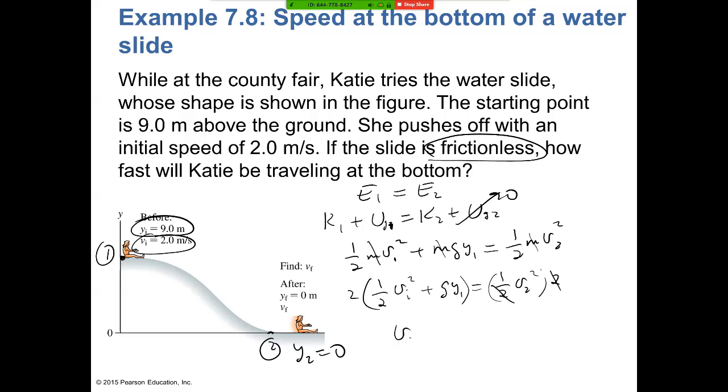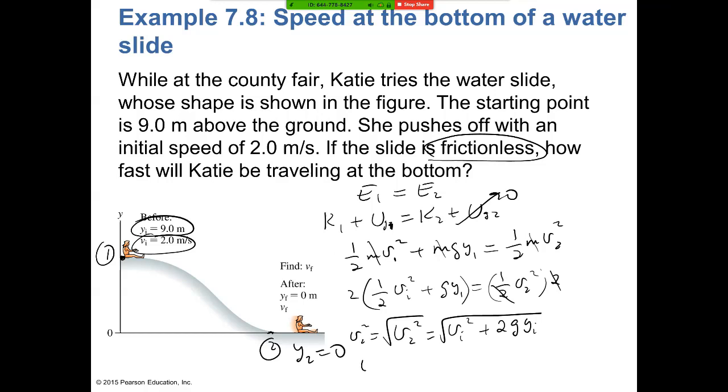So v2 squared equals v initial squared plus 2 g y initial. Then take the square root of both sides.